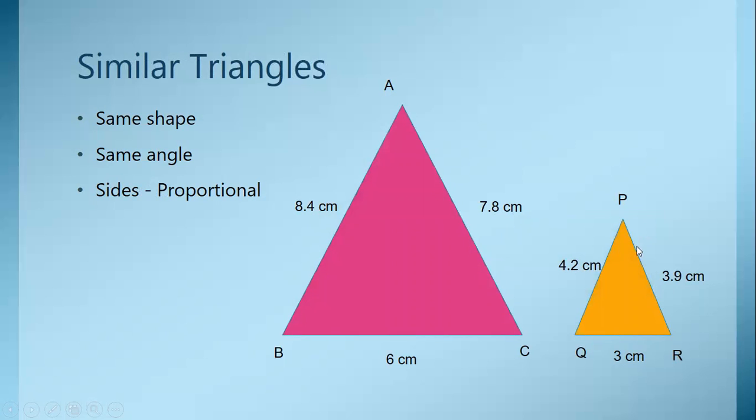AC is 7.8, PR is 3.9, again half. So all the sides will be in the same ratio. That is why we are saying sides are proportional. So if we have two triangles of this kind, same shape, sides proportional, angles the same, then these two triangles are said to be similar. ABC is similar to PQR.